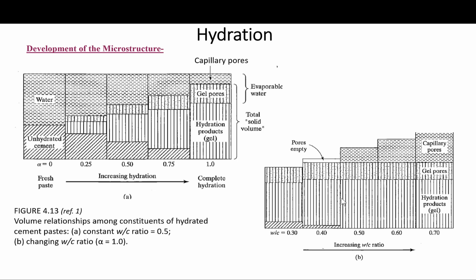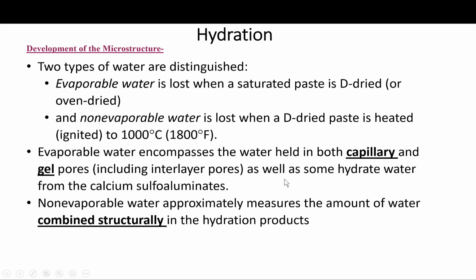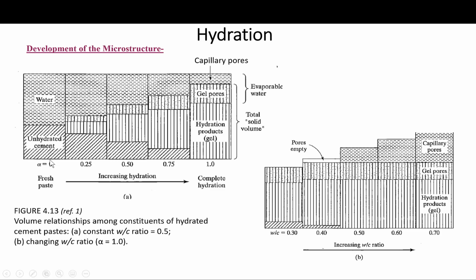From this schematic, you can see here, for example, in figure A, the hydration of a cement with the constant water cement ratio of 0.5. And we see the changes that occur as we increase the hydration. Alpha here represents the hydration from 0 to 1.